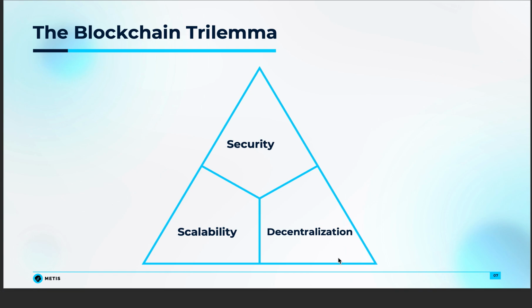Decentralization means that it is not only one party that is in charge of processing transactions. It's not only one party that is in charge of the data, but multiple parties are involved. So it is decentralized. And scalability is the ability of blockchain to handle an increasing number of transactions and users efficiently.